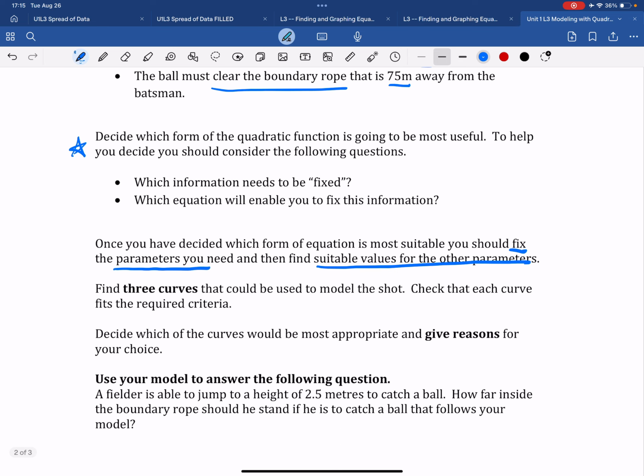Okay. This is a little different because we want three different curves. Okay. There are a bunch. We want you to find three, and then which of those three is most appropriate and why. Okay. And then here's the question to answer.